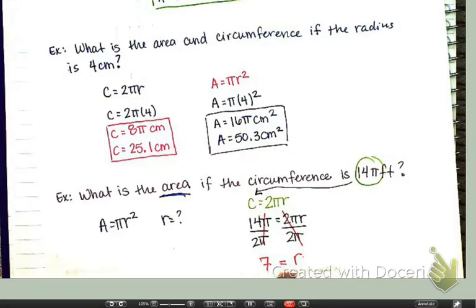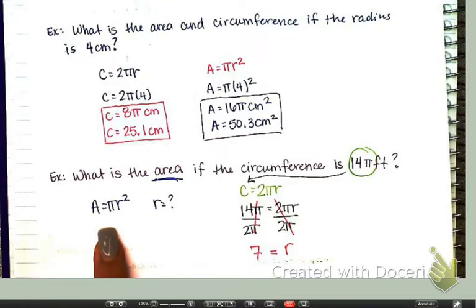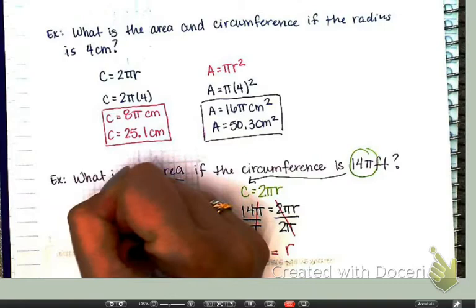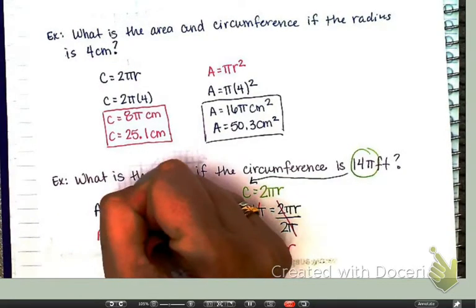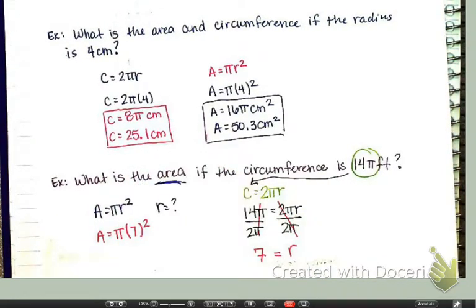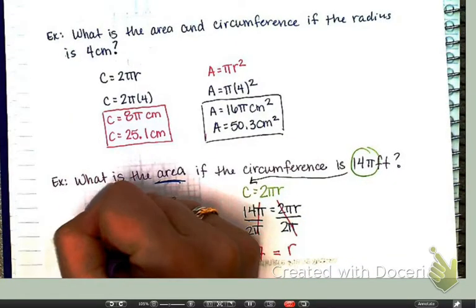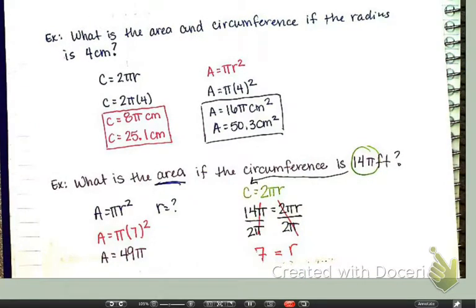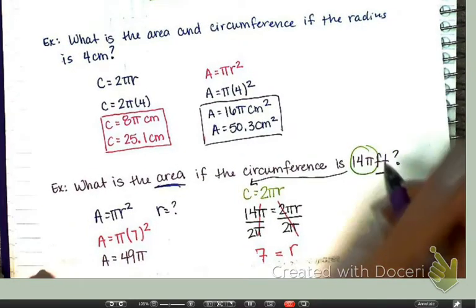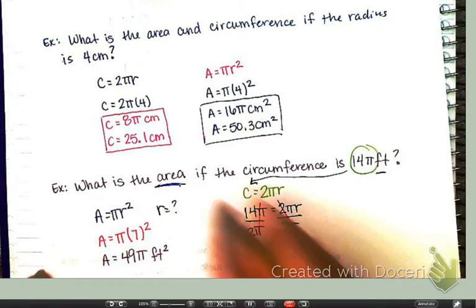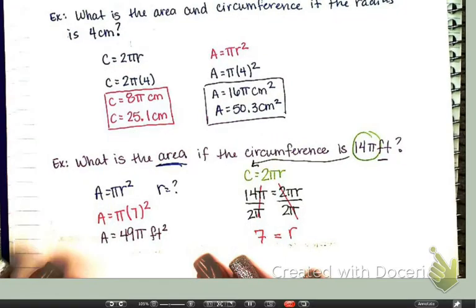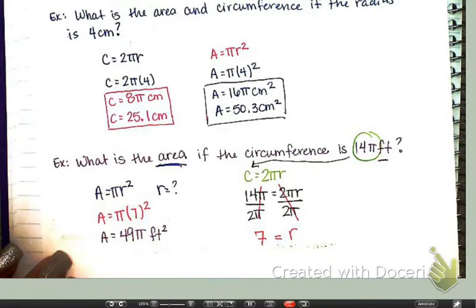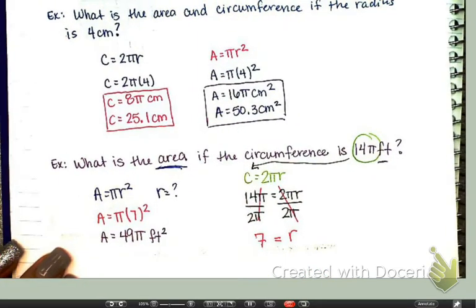Now that I know the radius, can I find the area? So area equals pi times the radius, which is 7 squared. And what's 7 squared? 49 pi. What are our units going to be? Feet squared, because it's feet up here. And in your calculator, take 49 times pi, and we're going to round it to the nearest tenth.